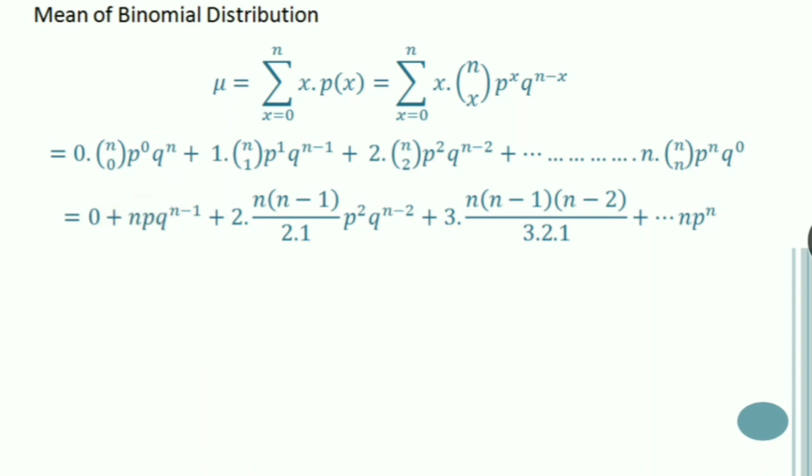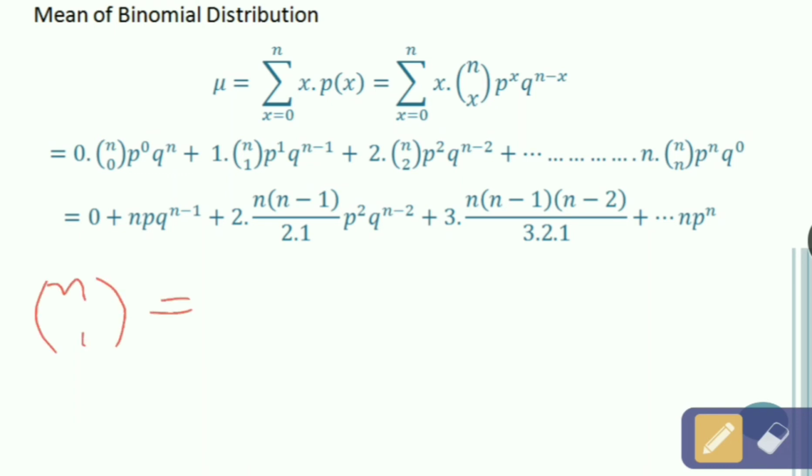Okay, let me explain you this properly. What is nc1, right? nc1 is equal to n factorial upon n minus 1 factorial into 1 factorial.